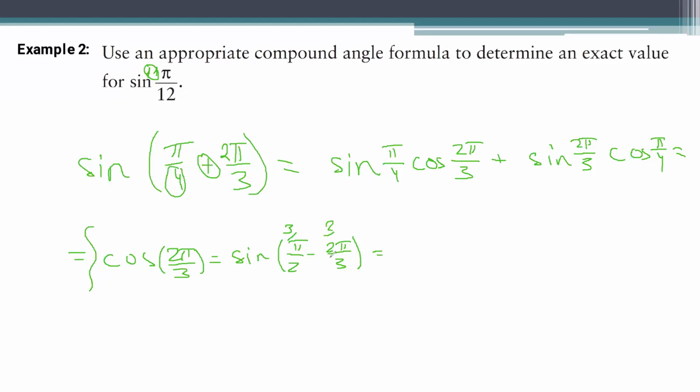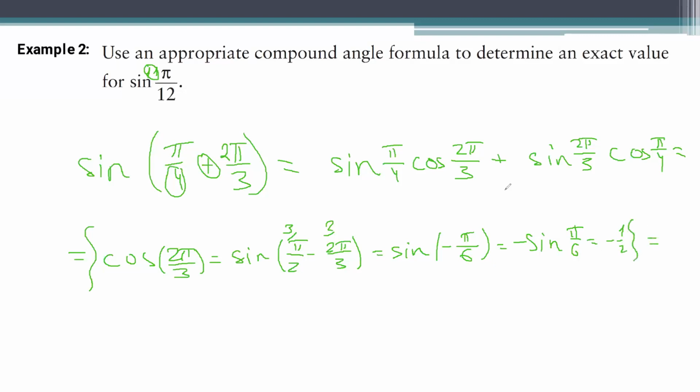So it's going to be sine of negative pi over 6, right? Because 3 pi over 6 minus 4 pi over 6 gives us negative pi over 6. And pi over 6 is a 30-degree angle, but with the minus it's counterclockwise, so it's negative sine of pi over 6. And we know that sine of pi over 6, sine of 30 degrees, equals 1 over 2. As soon as it's minus, it's negative 1 over 2.